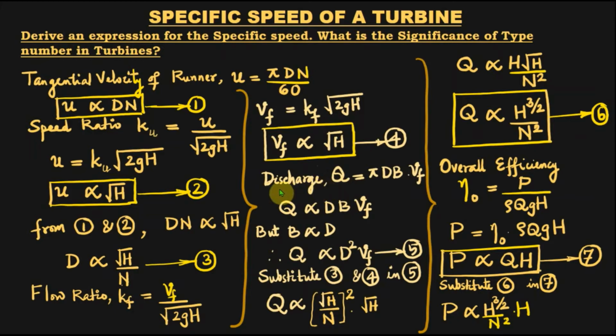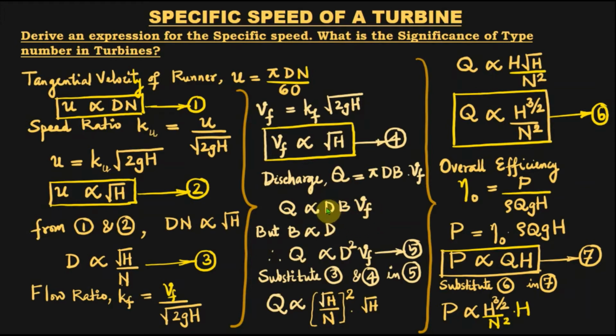So the discharge Q is equal to pi D B into Vf, that is flow area multiplied by flow velocity, where D is the diameter of the runner and B is the breadth or width of the runner. Vf is the flow component of velocity. So Q is now proportional to D B Vf, because pi is constant. So Q is proportional to the product of the diameter, breadth of the runner and the velocity of flow.